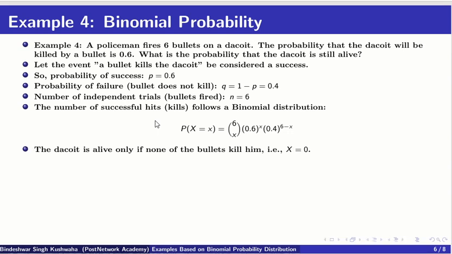Thereafter, the dacoit is still alive, so that means x is equal to 0, a bullet does not kill the dacoit.